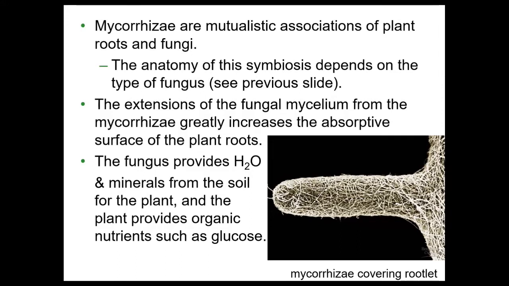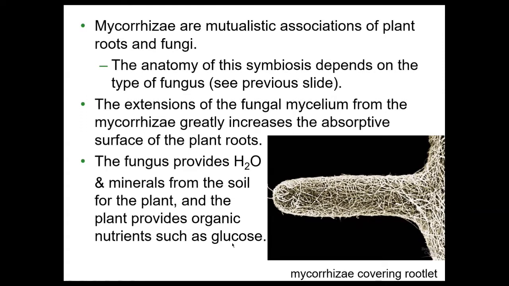Okay, now who does what for what? Well, the fungus provides water and minerals from the soil for the plant much more efficiently than the plant could do by itself. The plant provides organic nutrients such as glucose. When we get to plant physiology, the primary product is a C6H12O6 glucose molecule, and it's called the photosynthate.